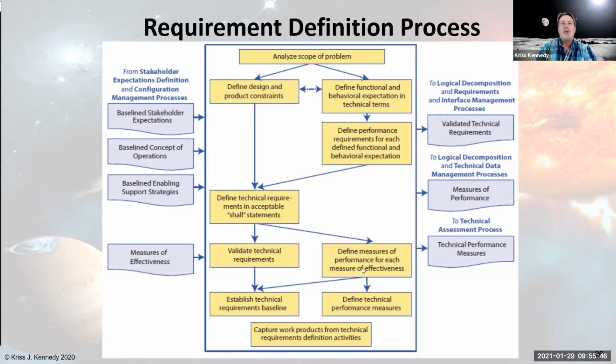And you define the measures of performance for each of these from a standpoint of measure of effectiveness. You establish a technical requirements baseline, you define technical performance measures, and you capture all that knowledge in the documentation. So the outputs become validated technical requirements, measures of performance, and technical performance measures.